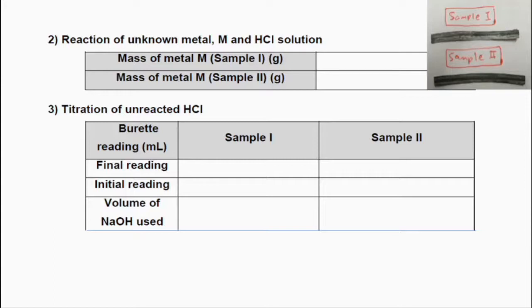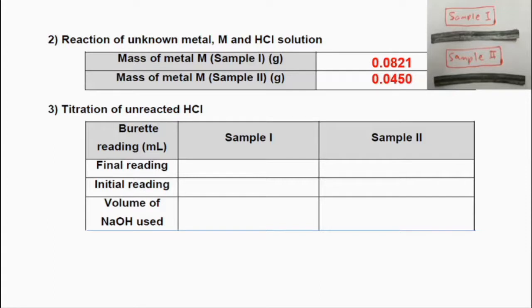Let's say for this experiment, the mass of sample 1 of metal M was 0.0821, while the mass of M for sample 2 was 0.045 grams.